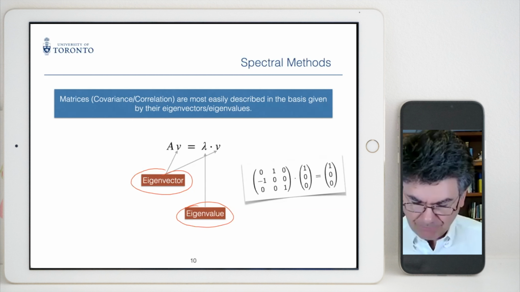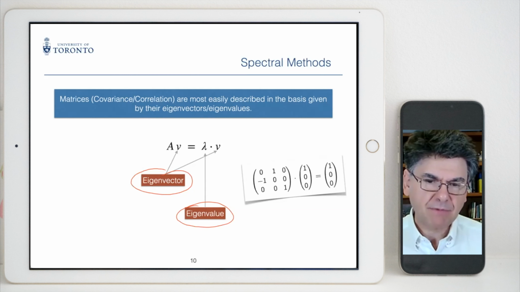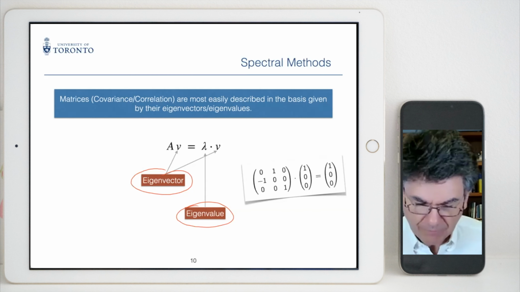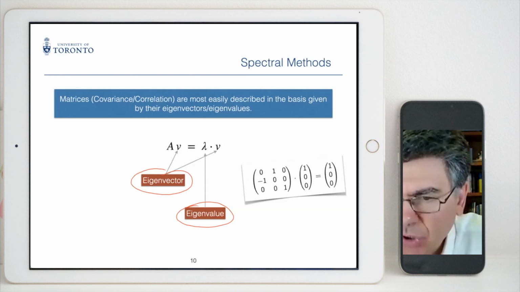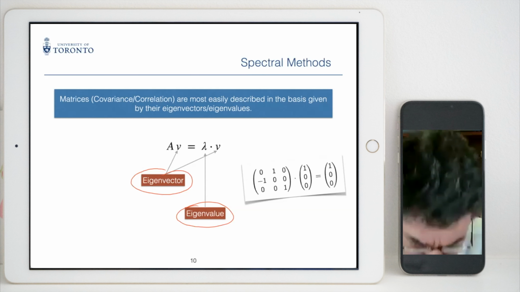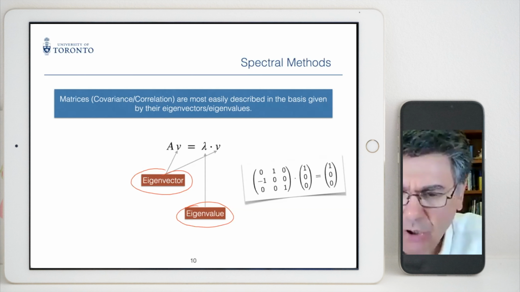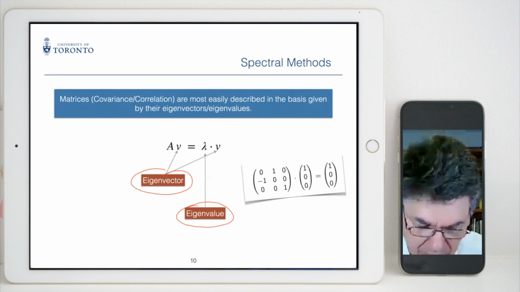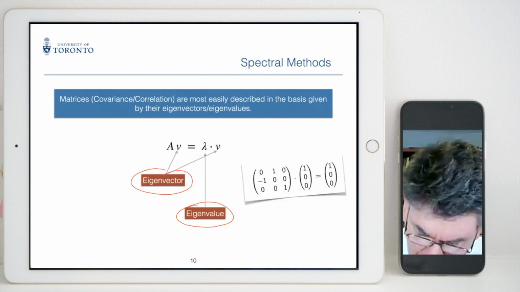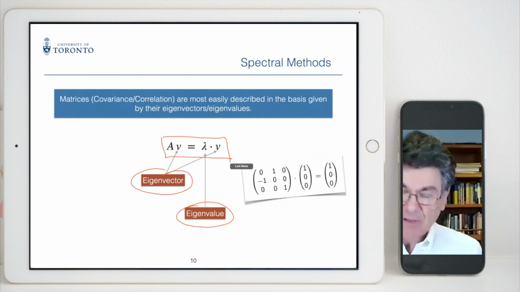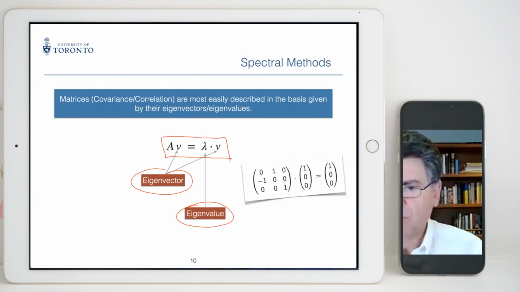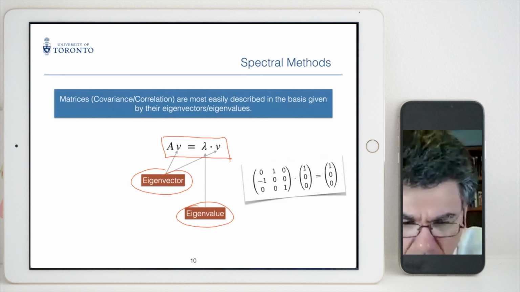And this is what eigenvalues and eigenvectors do for me. So please answer in the chat if you know about eigenvalues and eigenvectors, if you have seen them before. I don't know how you call them. You probably call them something similar, but they are vectors and numbers that satisfy this equation for a given matrix. Can you answer yes or no if you have seen this before?